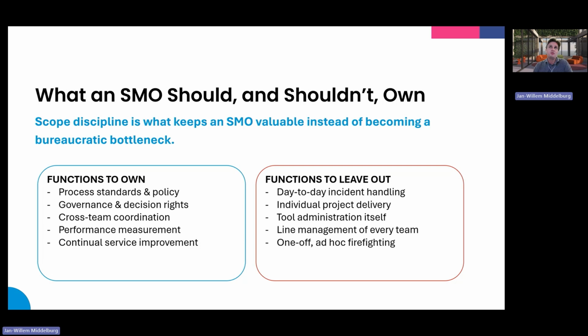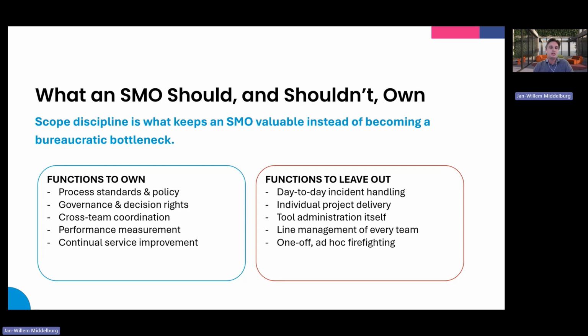So one of the difficulties that I've experienced in establishing SMOs in different organizations is that people who are in operational jobs or have been for a very long time need to let go. They need to let go of the day-to-day execution work and start moving towards a role of quality assurance, vendor management, and ensuring that metrics and reports are being generated and acted upon instead of starting to solve problems by themselves.